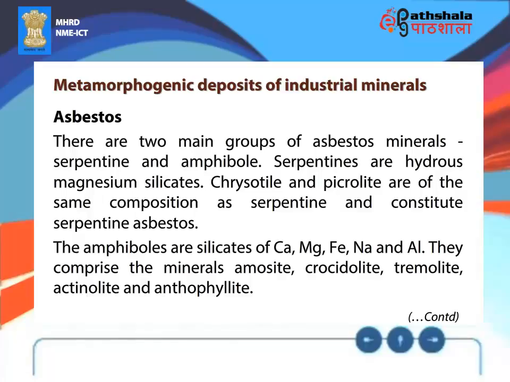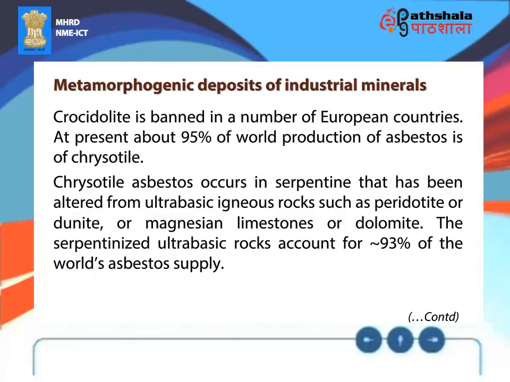The amphiboles are silicates of calcium, magnesium, iron, sodium and aluminium. They comprise the minerals amosite, crocidolite, tremolite, actinolite and anthophyllite. Crocidolite is banned in a number of European countries. At present, about 95% of world production of asbestos is of chrysotile.